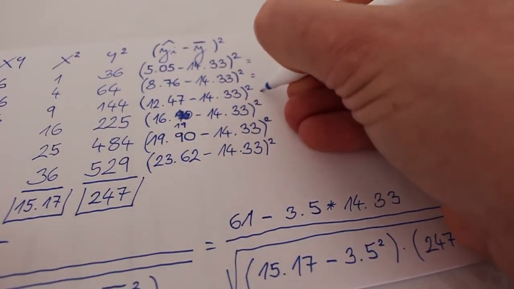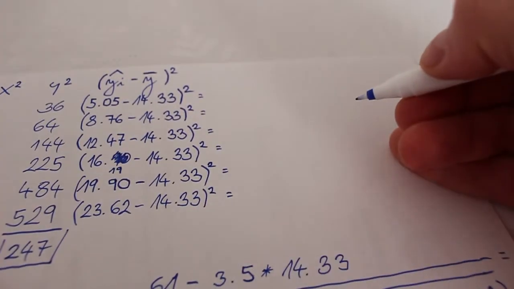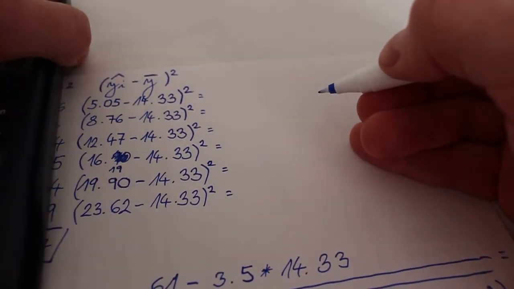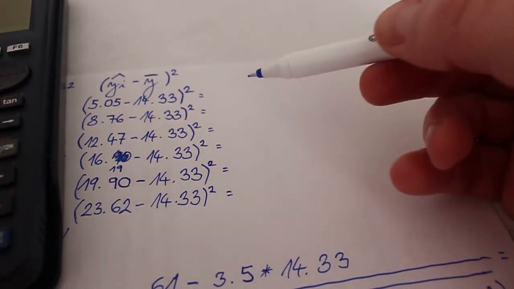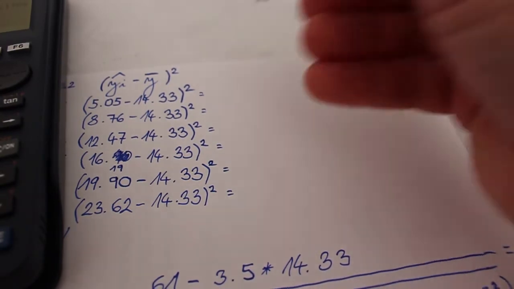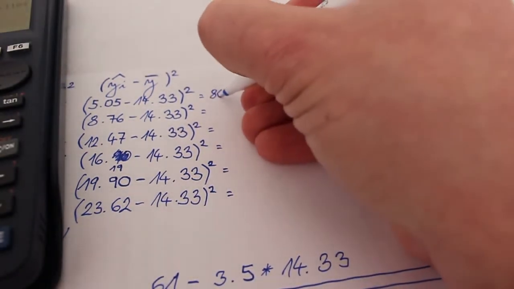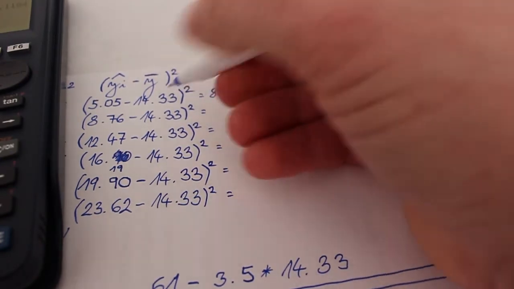Okay, so 6 new values here. I will use a calculator. 5.05 minus 14.33 squared is 86.12.